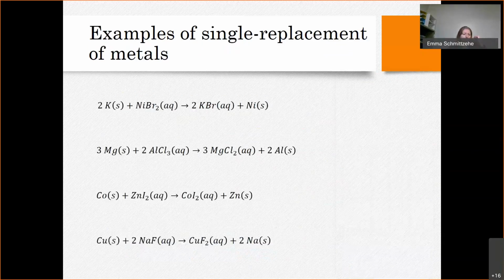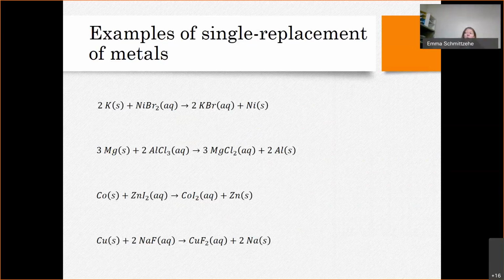So in case you don't really remember single replacement reactions, which this is a good review because you need to go back and review things for the final, right? Here's some examples of single replacement reactions of metals, okay? And so when you look through these reactions, what you should notice is a pattern. These are all single replacement. You have some metal by itself, and you have some ionic compound that it is reacting with, okay?